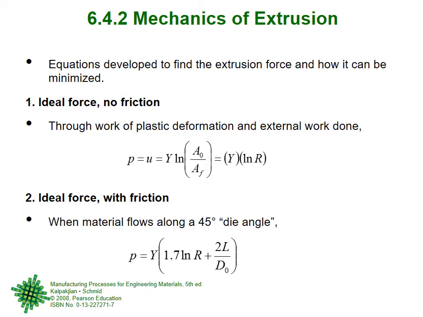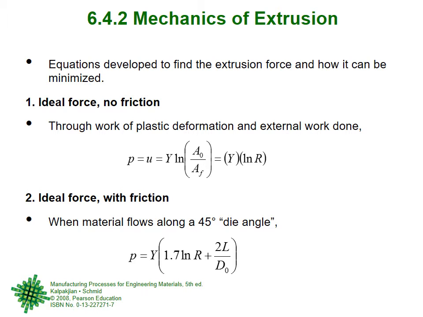Now, we showed you one or two equations earlier, but now a little more about the mechanics of extrusion. Here on this page, I am not showing you the slab method and the balance of the forces and so on, because now you know we have applied it in forging, we have applied it in rolling. So the same thing, the diagram is the same, right?